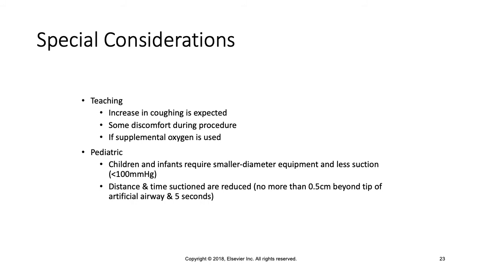So instead of 100 to 150 in adults, it would be less than 100 millimeters of mercury in children. Additionally, the distance that the catheter is threaded down into the trachea is less. You go no more than half a centimeter beyond the tip of the artificial airway, and the suction time is no more than 5 seconds, whereas in adults it's 10 to a maximum of 15 seconds.